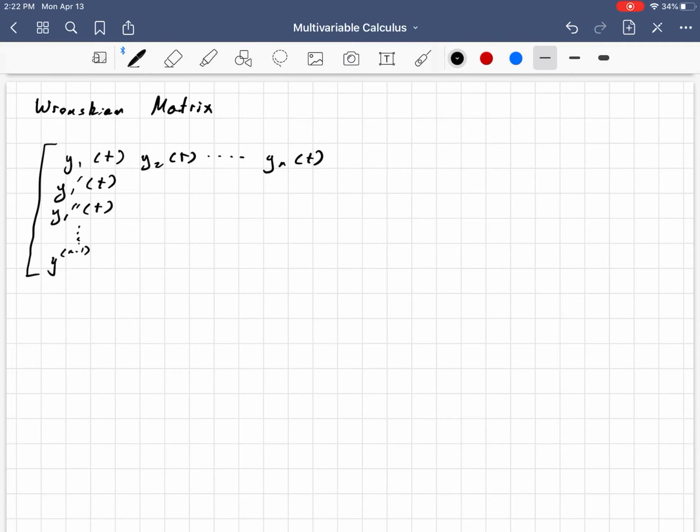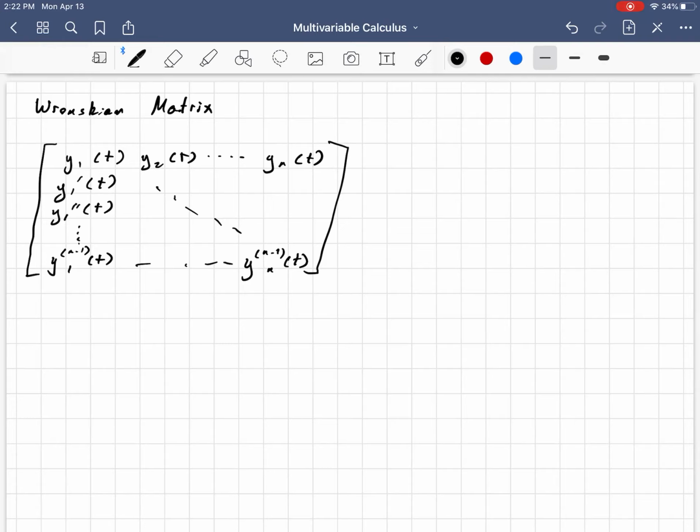And we go down, we take the first derivative, we take the second derivative, we go down, up to the n minus 1th derivative. And we do that for every function, and that's what the general n by n Wronskian would look like.